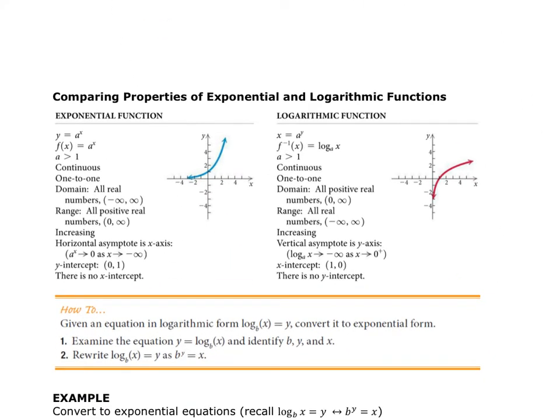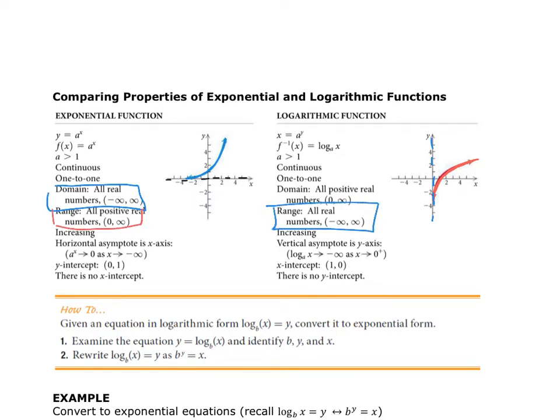So now let's do a check between exponentials and logarithmics. Notice that this is increasing the entire time if a is greater than 1, and that means that my log, which is the inverse, is also increasing. My horizontal asymptote becomes a vertical asymptote on my inverse. My domain is all real numbers, which becomes the range of my inverse.